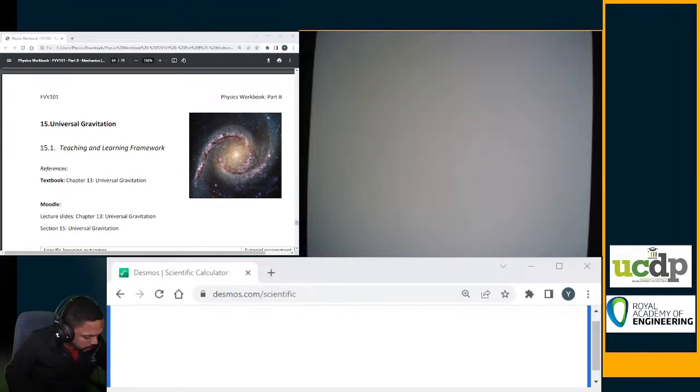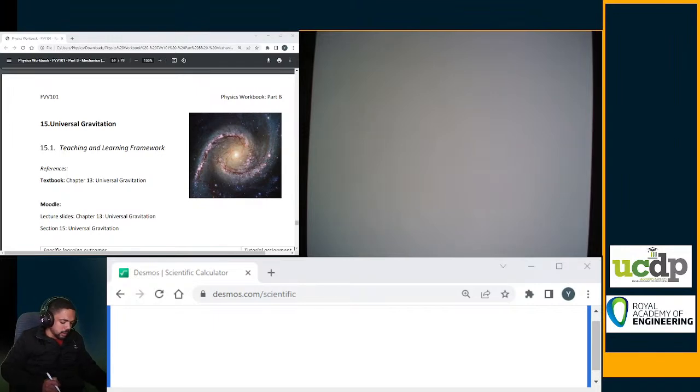Okay, now let's get into a problem. Three uniform spheres of masses m1, m2, and m3 are placed at the corners of a right triangle as shown in the figure.